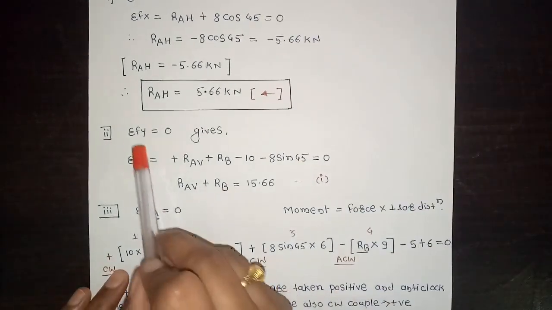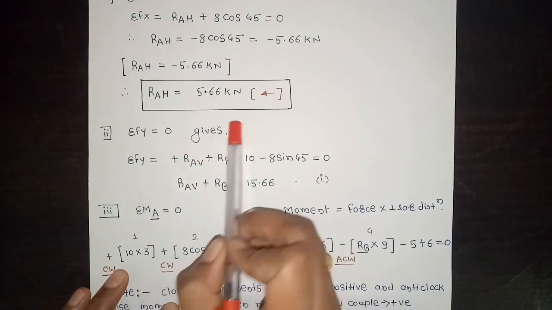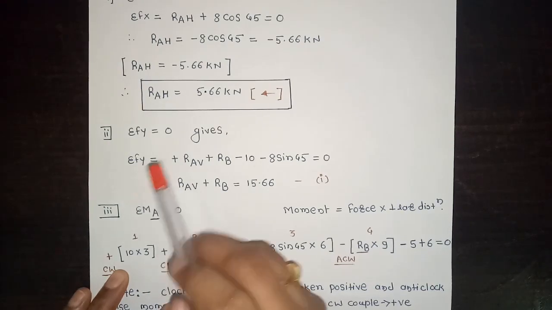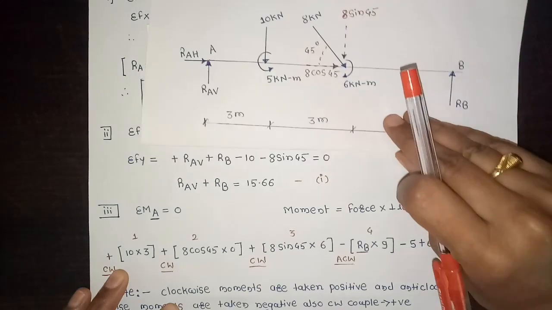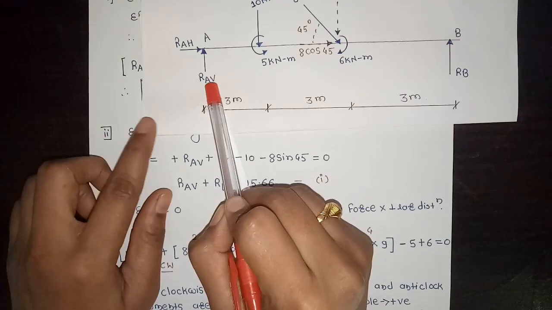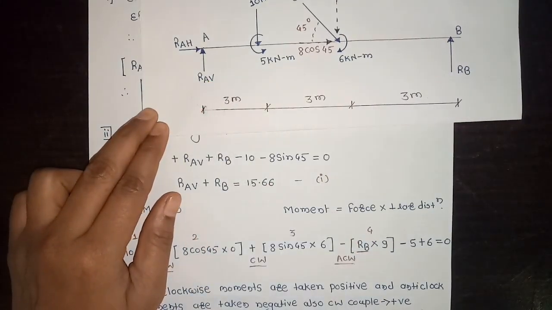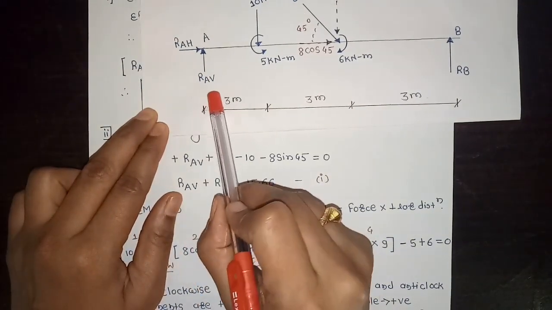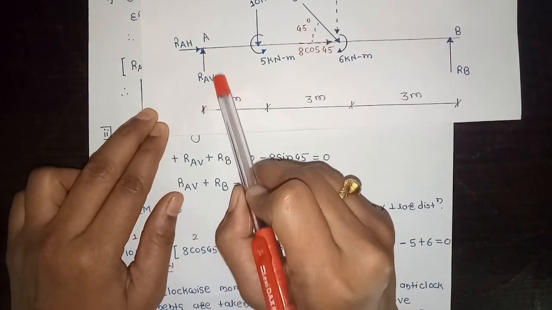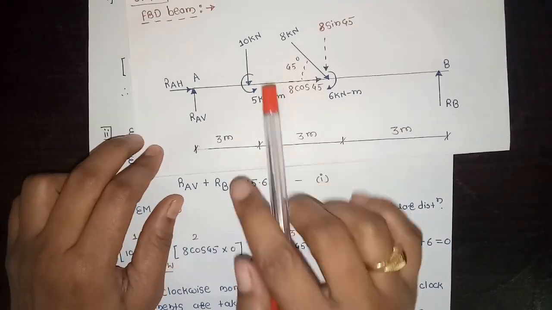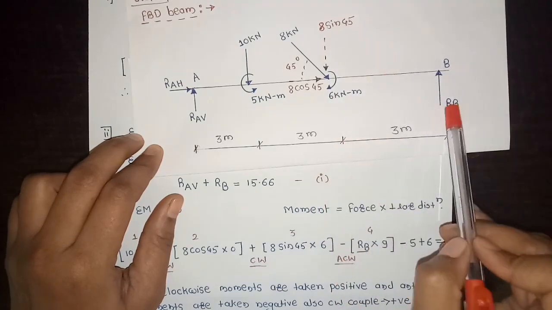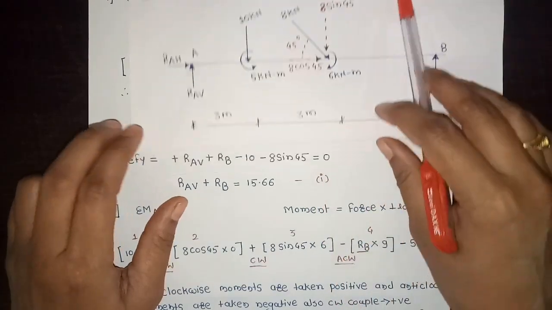Then next is the summation Fy is equal to 0. Summation Fy is the algebraic sum of all y components. See this diagram. Upward direction taken as positive and downward direction taken as negative: plus RAV, then minus 10, then minus 8 sin 45, plus RB is equal to 0.